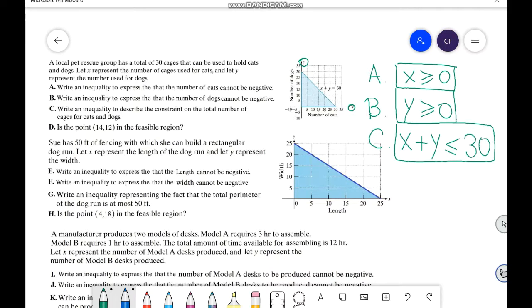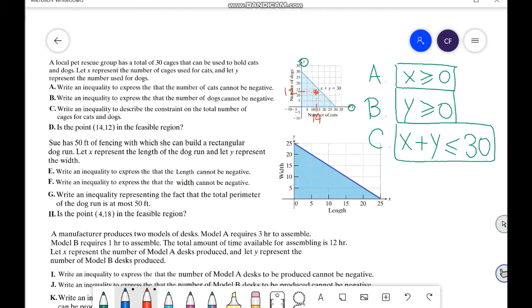On letter D, the question is, is the point x equals 14 and y equals 12 in the feasible region? Let's check here. X equals 14 is right here. Y equals 12 is somewhere here. So the point is inside.